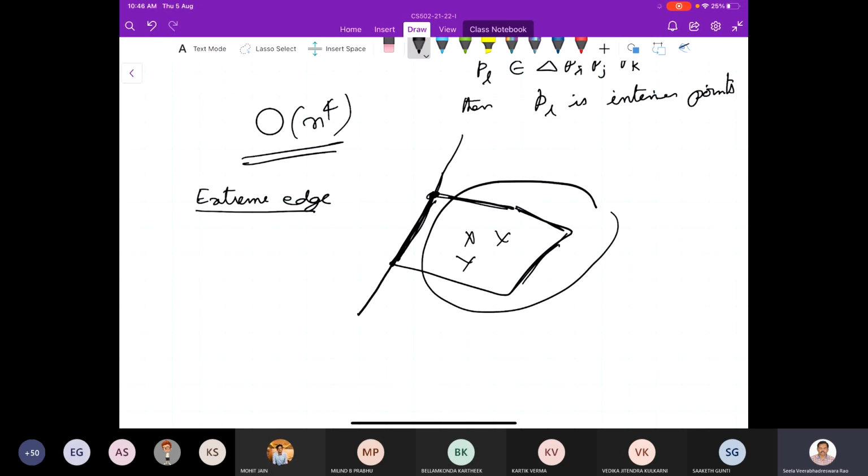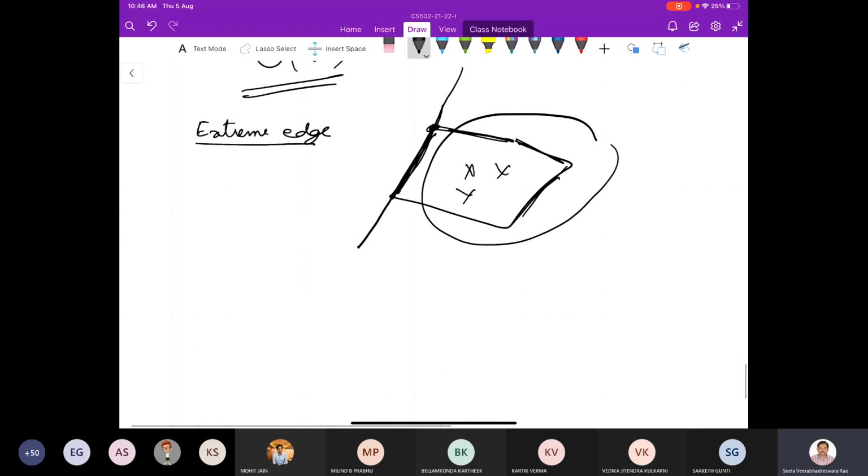So that's what we have seen, one definition: the intersection of half-planes. If you consider two points at a time and check whether all the points are on one side or not, and if they are on one side, then it's an extreme edge.